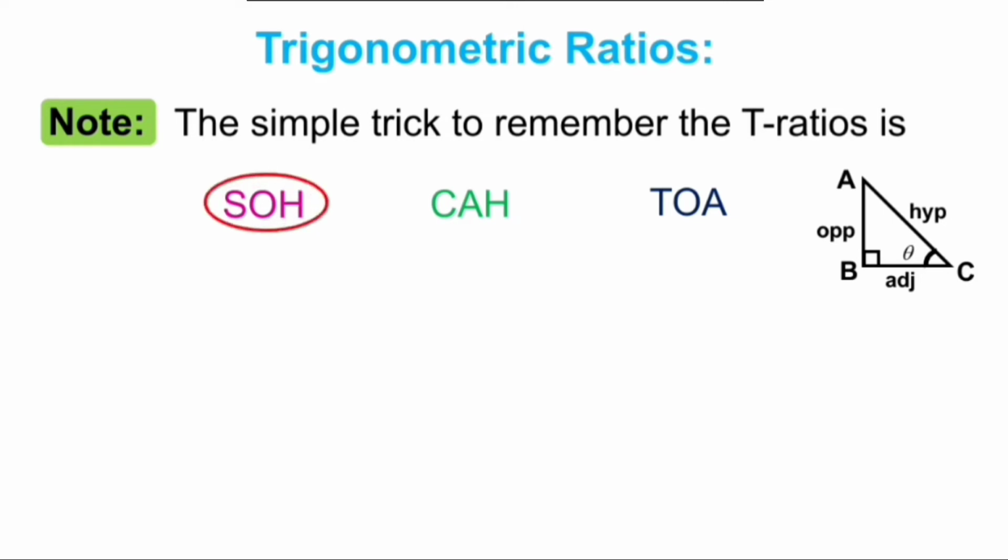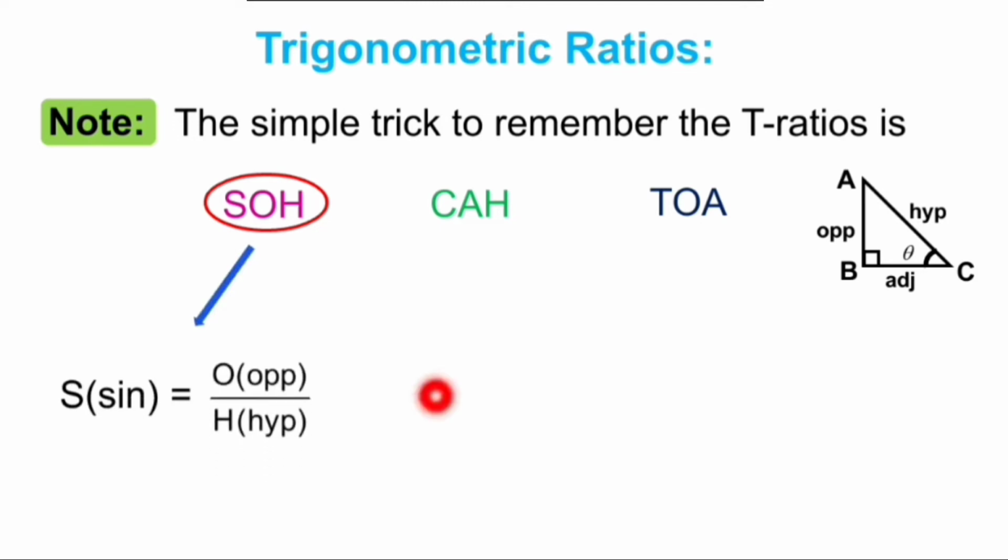Children, SOH: here S stands for sine, O stands for opposite and H stands for hypotenuse.